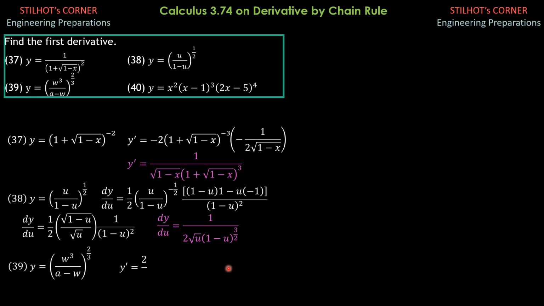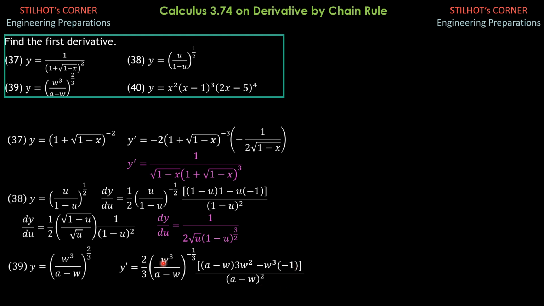So y prime is equal to 2/3 quantity w cubed over a minus w to the negative 1/3 times the quantity a minus w times 3w squared minus w cubed times the derivative of a minus w, which is negative 1, all over the denominator squared, quantity a minus w squared.